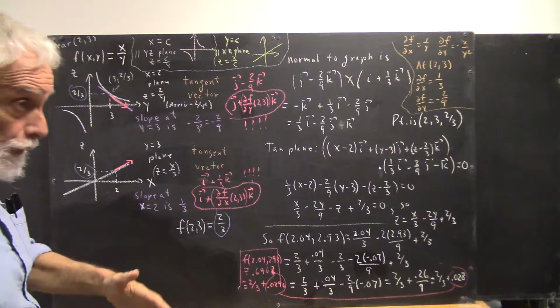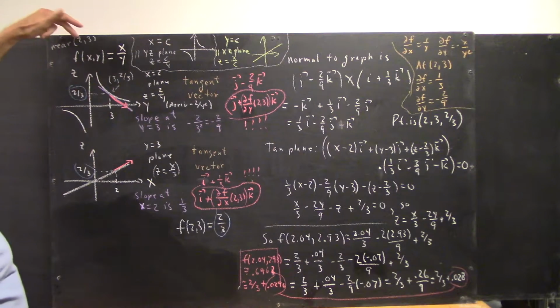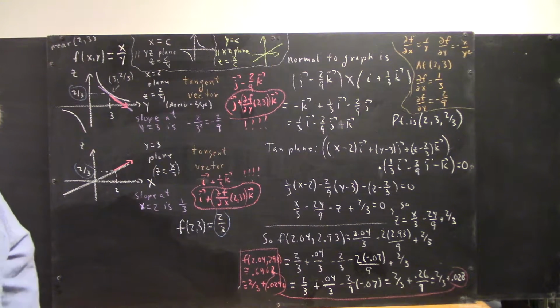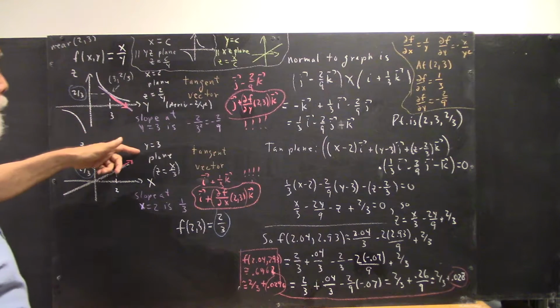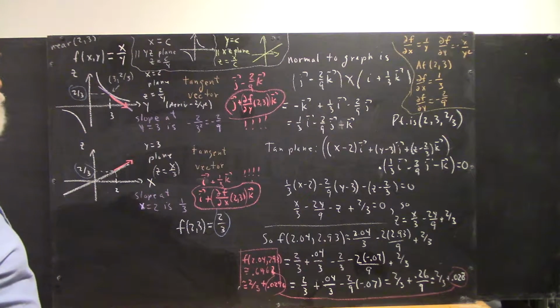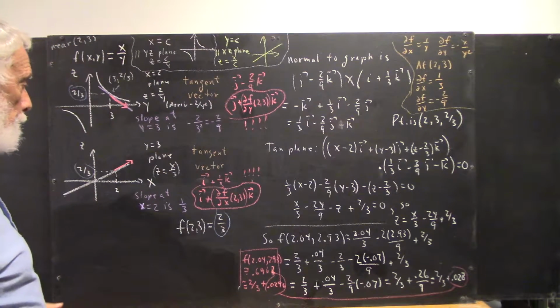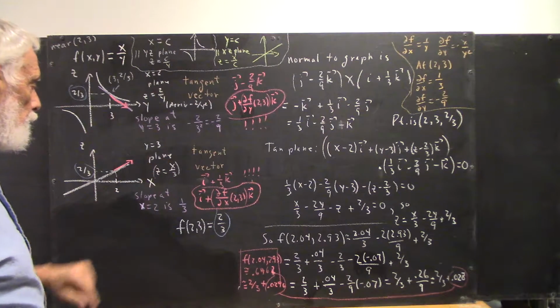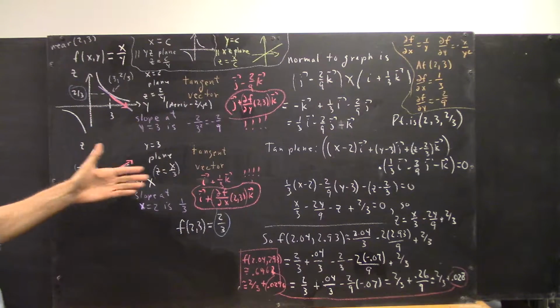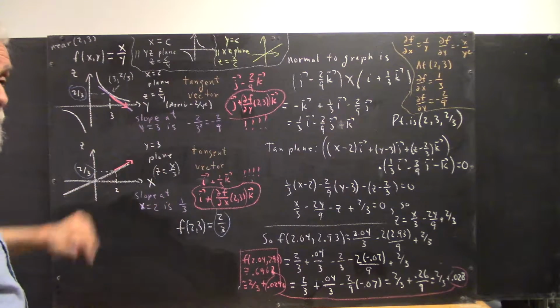X equals 2 intersects y equals 3 when x equals 2 and y equals 3. So, confining ourselves to the y equals 3 plane, if y is 3, then our function is just x over 3. So we have z equals x over 3.